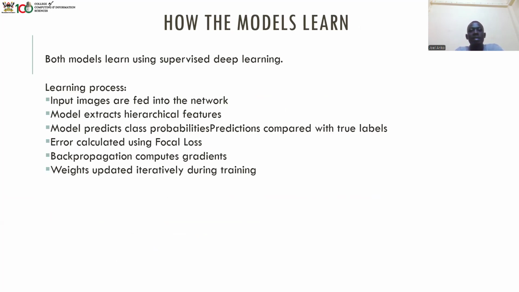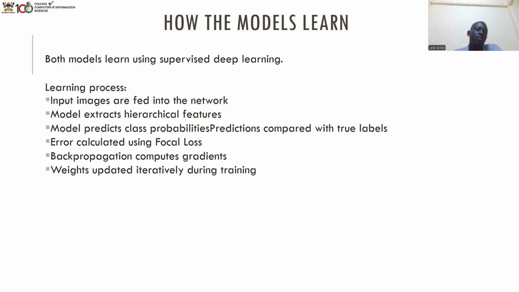It can be the EfficientNet B4 pipeline, the ResNet 50 pipeline, the Swin Transformer, or the RegNet. So we feed in images, then the model extracts features from a particular image based on the 4 classes that we have in our datasets. Then the model predicts the class probabilities, and the predictions are compared with the true labels of the images.